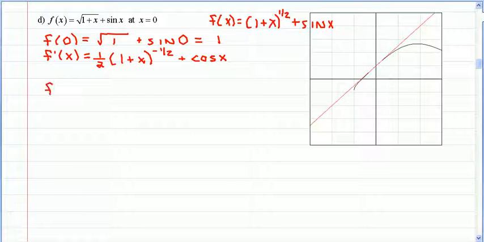And I can rewrite the derivative as 1 over 2 times the square root of 1 plus x, plus cosine x.